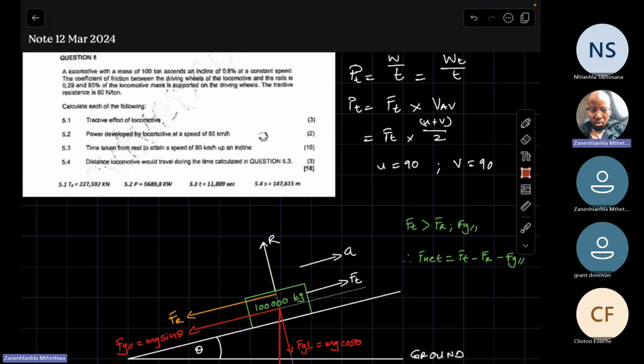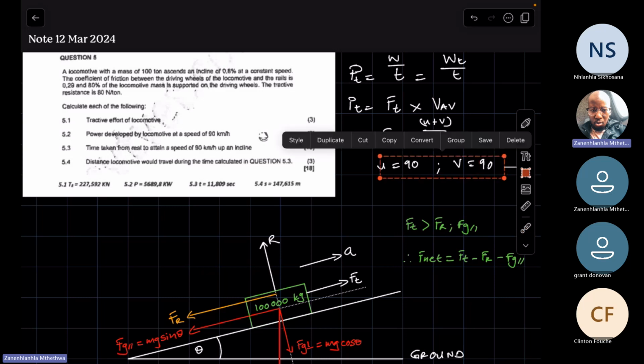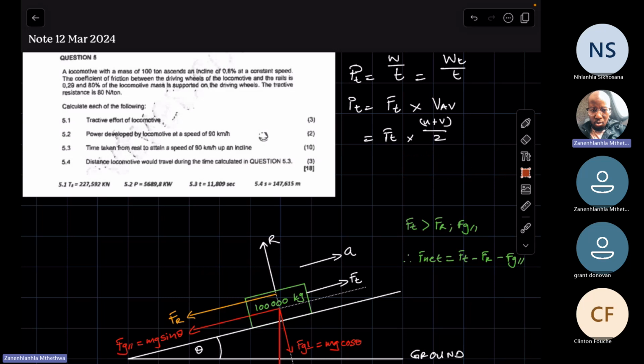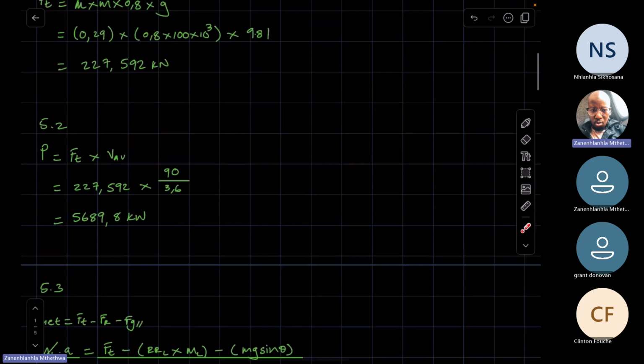So to avoid having to do that, just know that if you have an object moving at constant velocity, its average velocity will be equal to the constant speed. So the average velocity here is going to be 90 kilometers per hour. To calculate the power, simply use this formula. This you would have calculated here. And then the average velocity, like I said, if the object is moving at constant speed, will be equal to the constant speed.